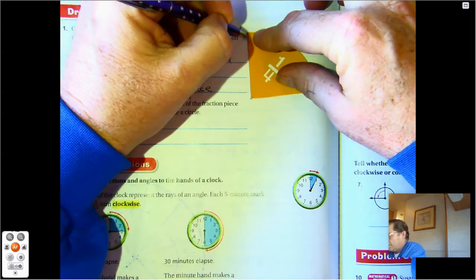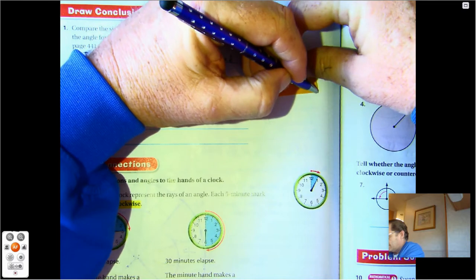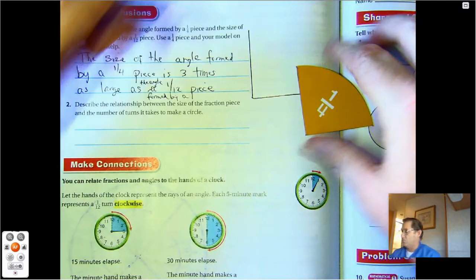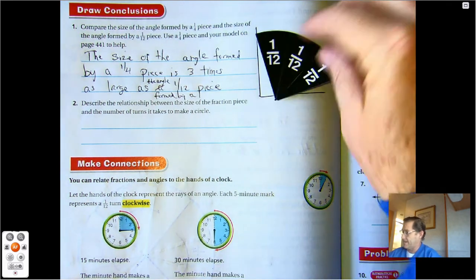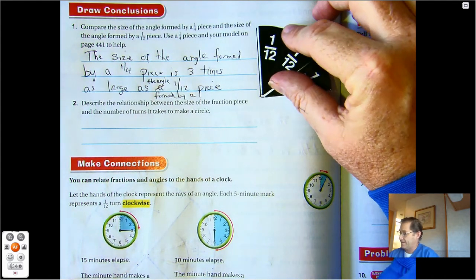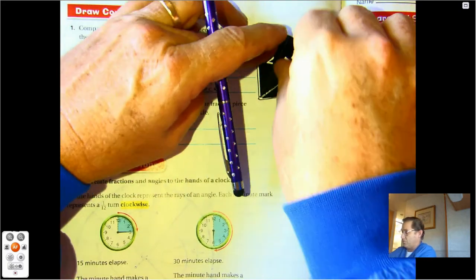So if that's the 1/4 angle right there, it would take me 3 of the 1/12s to equal it.